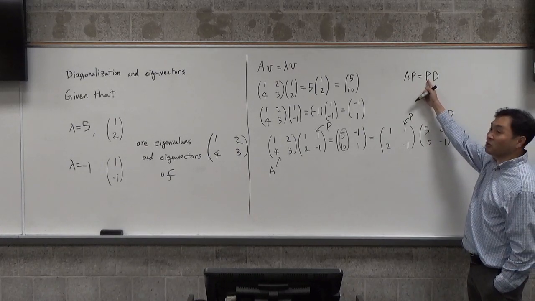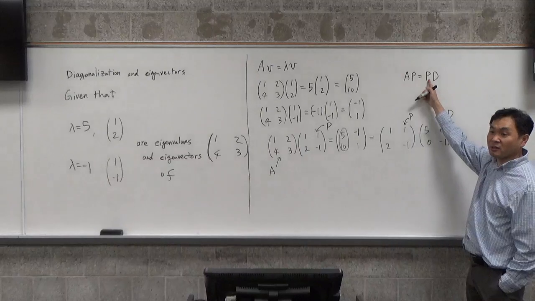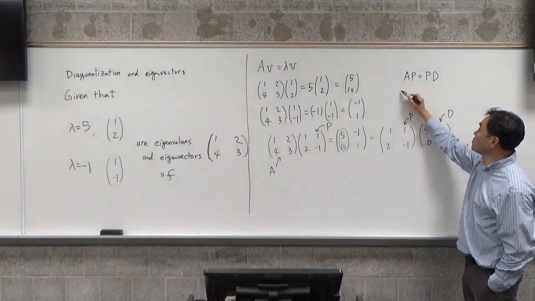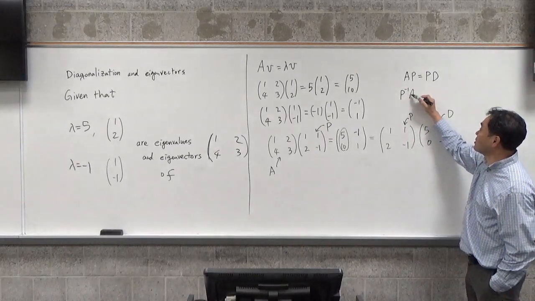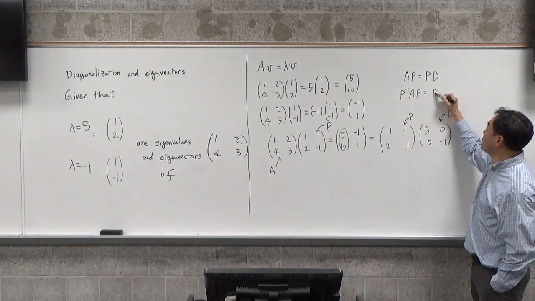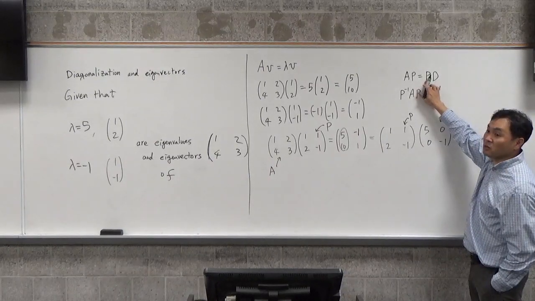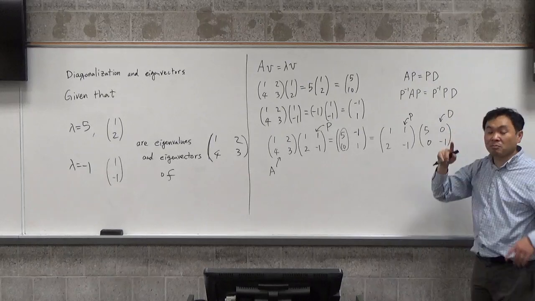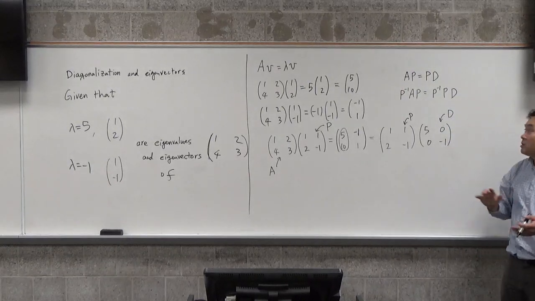Now, I want to get rid of P. How do I get rid of P? There's no division. Instead, you multiply by the inverse, right? So you multiply P inverse on both sides, and you have to be careful. If you want to get rid of the P on the left side, you have to multiply P inverse on the left side. See, matrices are not commutative.